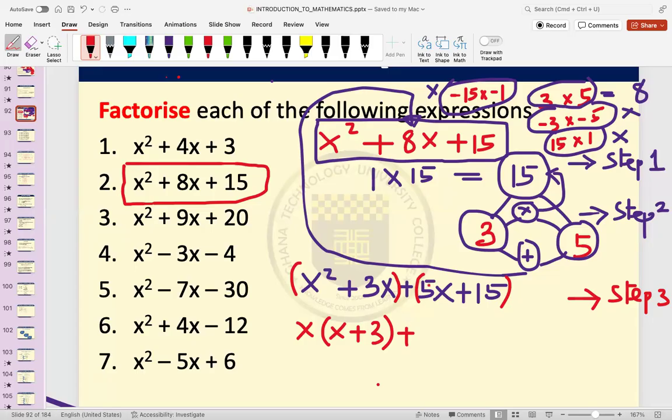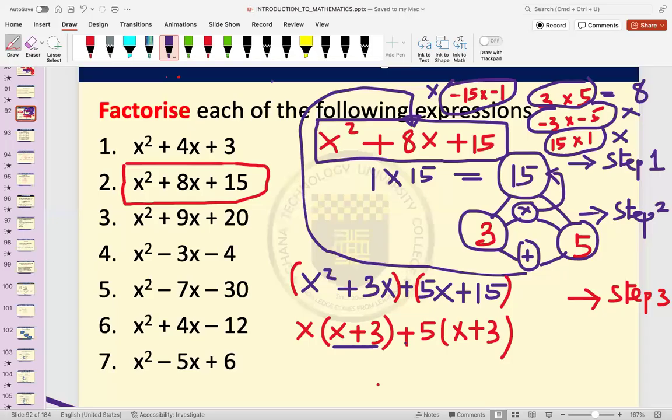Let's look at the second bracket and see some common terms we can bring out. I see 5 here. I see 15 here. Since 15 is a multiple of 5, I can factorize 5 out. If I do so, I'll be left with x here. You bring your positive sign, and once 5 has been taken out, you'll be left with 3 at this side. So at this point, after taking the factors out, you check: are the inner ones the same? They are the same.